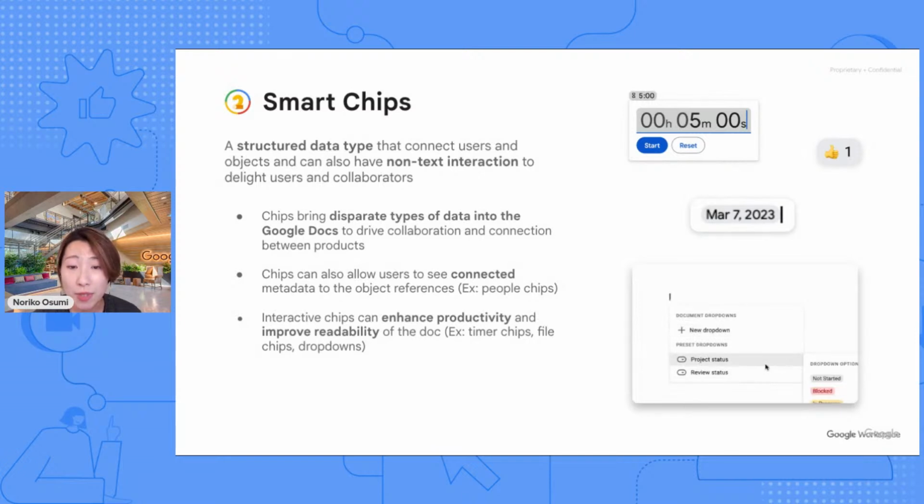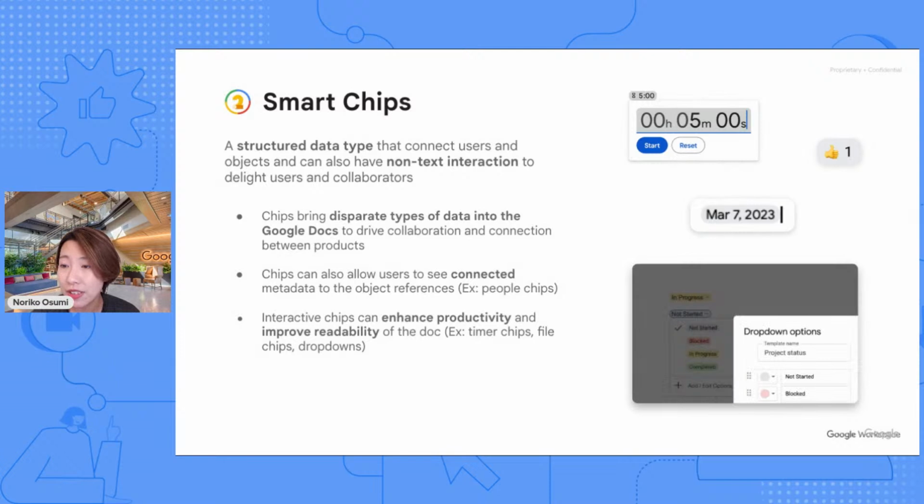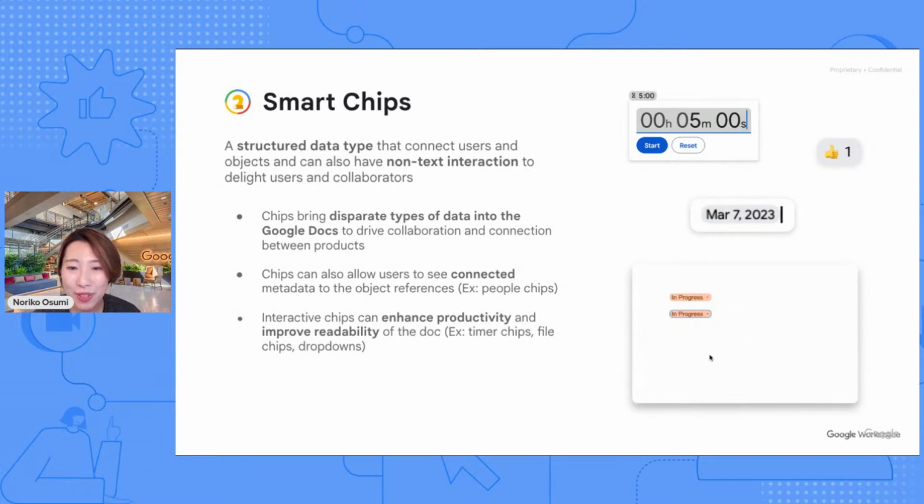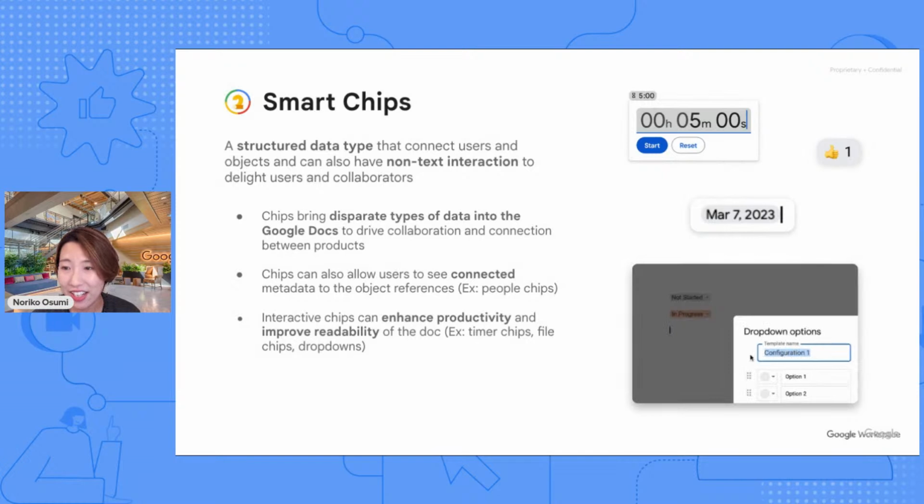Other things that I mentioned earlier as well, we have made these chips very much interactive. You can see here with the example in the upper left hand side a timer chip. What users can do is insert the chip, hit the start button, and interact and do a full countdown.